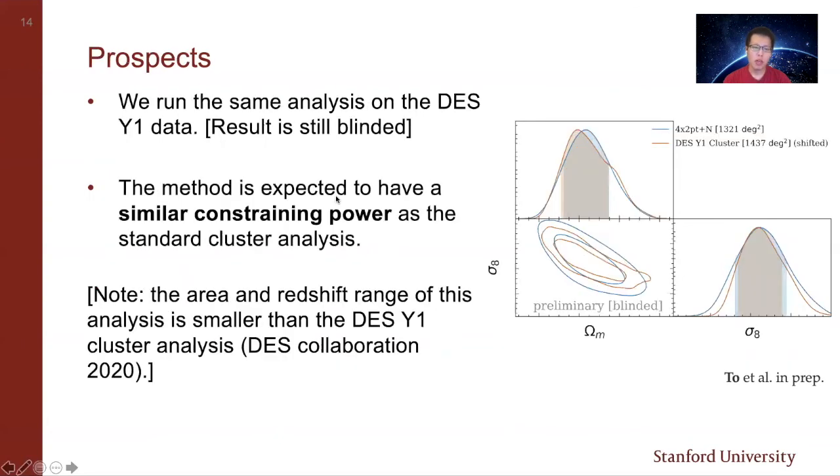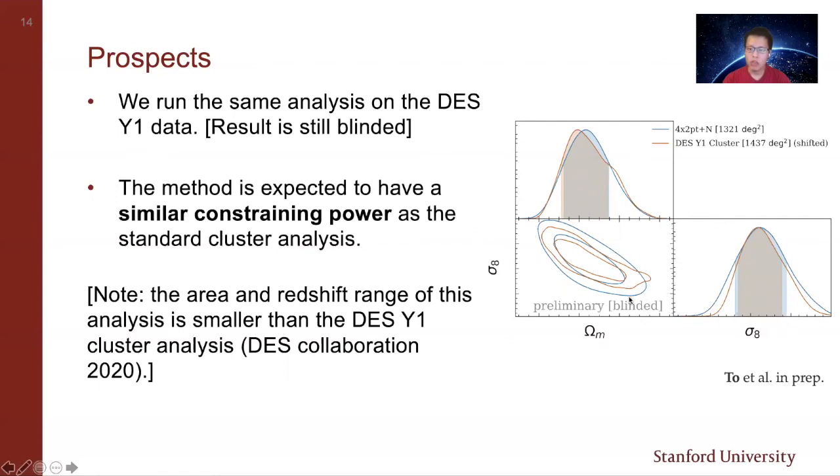Okay, I promised you I'd show some comparison of our constraining power with the traditional cluster analysis. So here it is. We ran our analysis on the DES Y1 data. The result is shown here. It is still blinded, and we plan to unblind this very soon. So stay tuned. But in this figure, you can see the sigma 8 omega m contour.